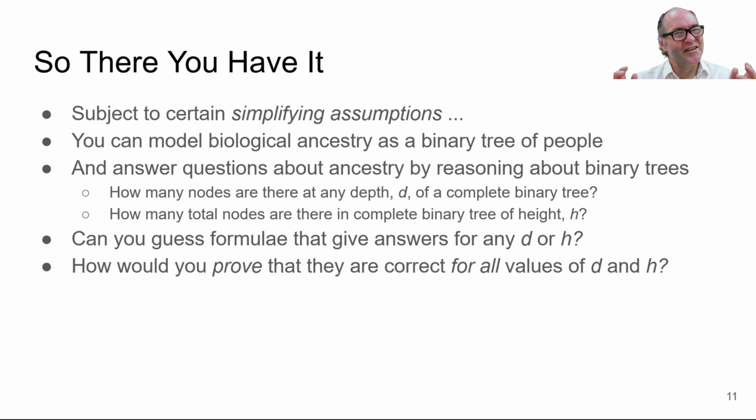And yet you can't test an infinite number of trees to see if they have some property. Well, what you need is a finite way of showing that some property holds for an infinite number of possible cases. And the trick, again, is going to be some kind of inductive proof.